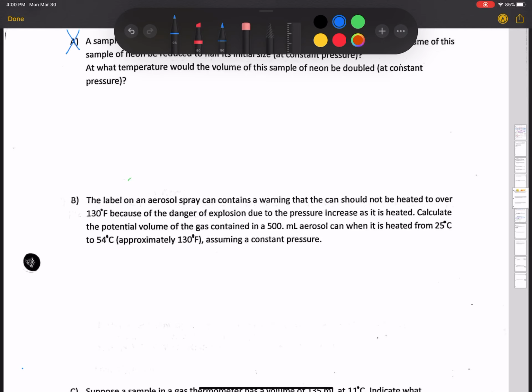So again, remember your formula for Charles's law is always V1 over T1 equals V2 over T2. And you're always going to want to take your degree Celsius, add 273, so that you can get your units of temperature in Kelvin. And there's always 1,000 milliliters in 1 liter.